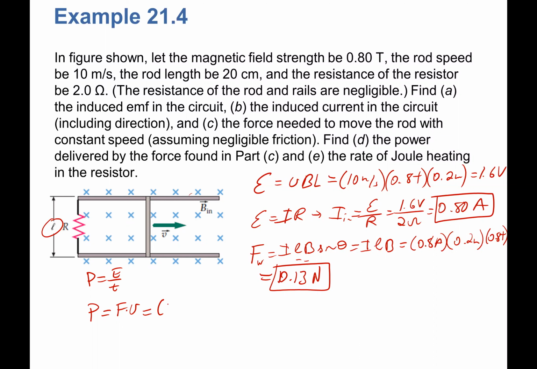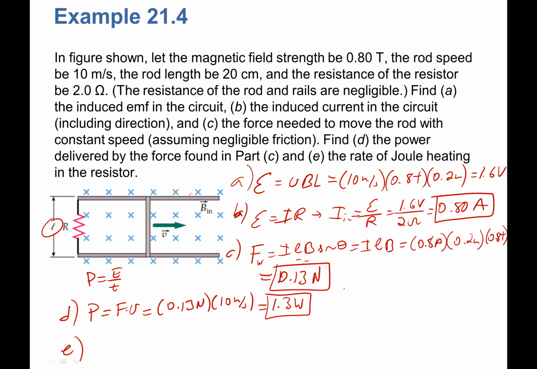All right, so force was 0.13 newtons, velocity was 10 meters per second, and I can calculate this to be 1.3 watts. That means this is the amount of power delivered, the amount of energy per unit time delivered. So this was part A, B, C, and this is part D. And I also have part E, which says, now, let's say that 1.3 watts is delivered to the system, but then what is the rate of joule heating in the resistor?